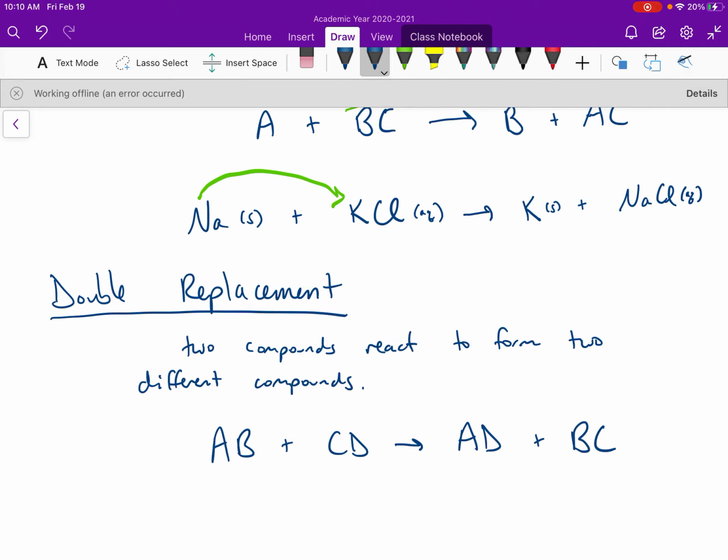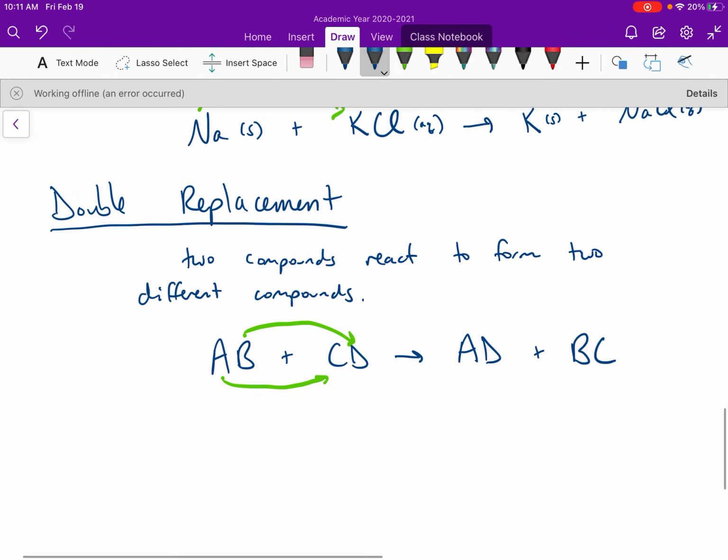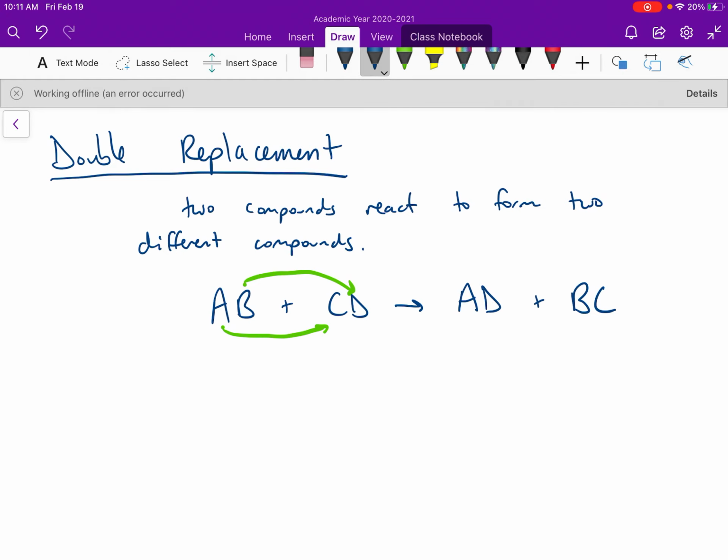In other words, both substances switch partners, right? So A switched with C, B switched with D. Double replacement. Two things switch partners. So let's look at what that would look like.